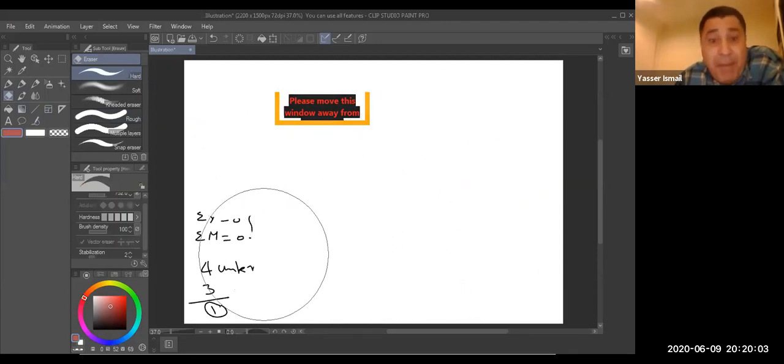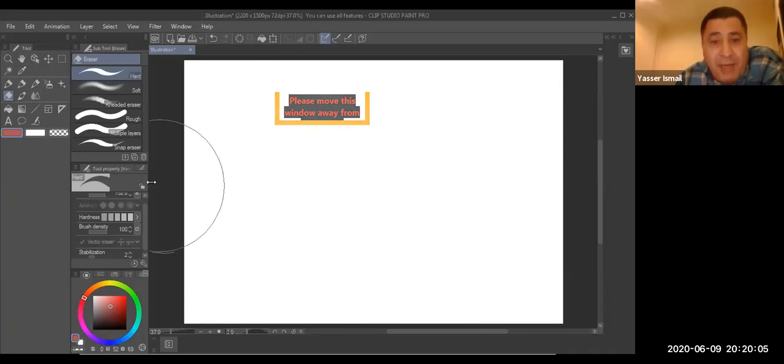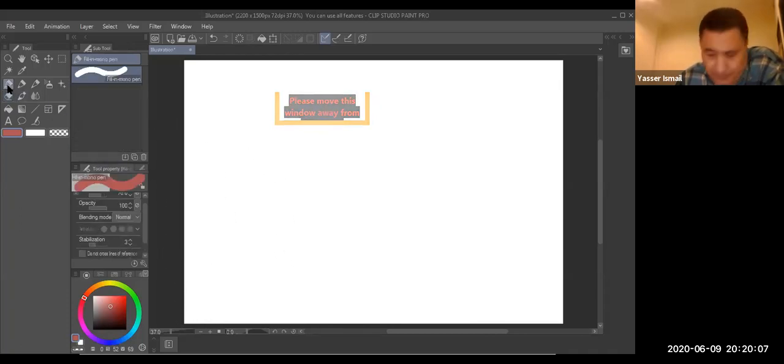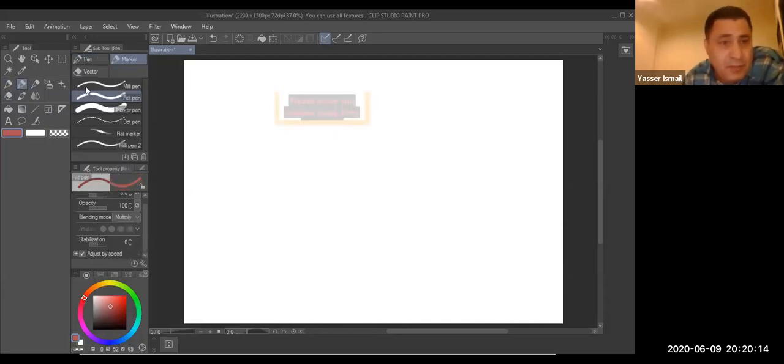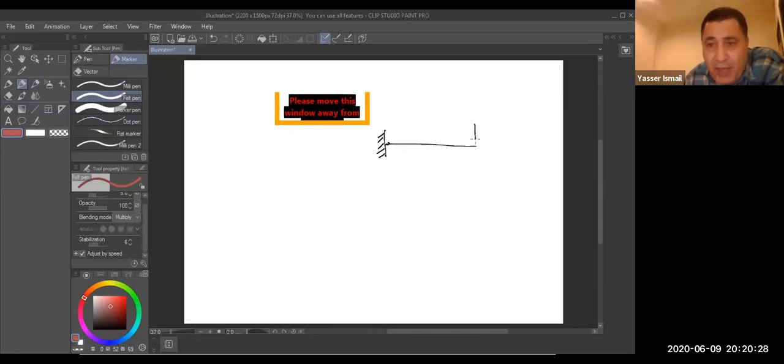Fixed end beam. This is fixed. This is an indication of fixed end. And you have B1.